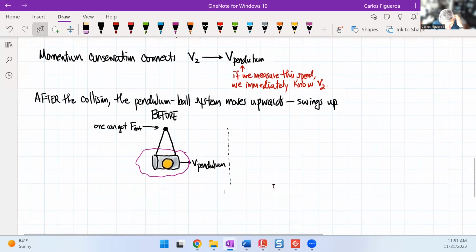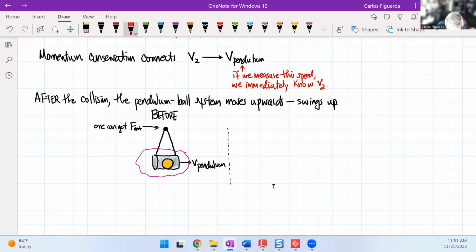So now, here's what goes up. What goes up is the center of mass. So where is the center of mass? Well, it turns out that it's not at the center. So I'm going to say that this is not the center of mass for this system.